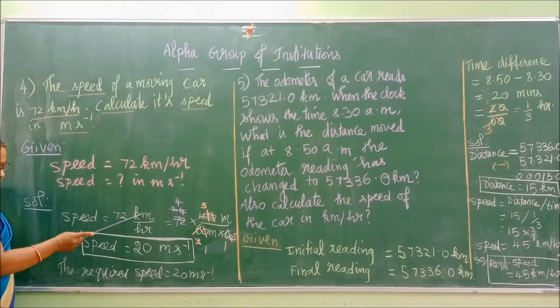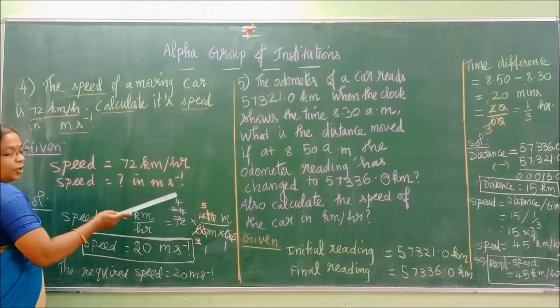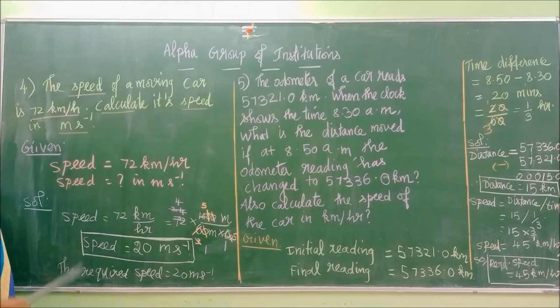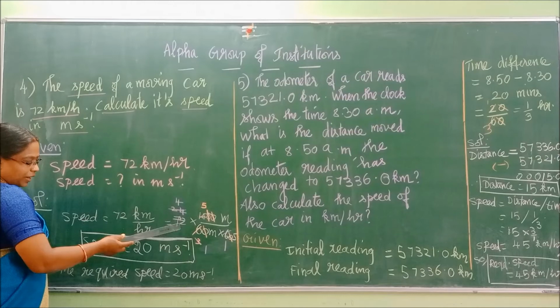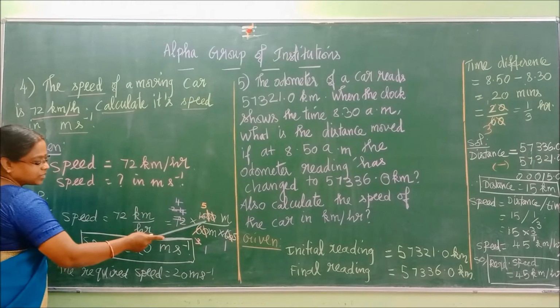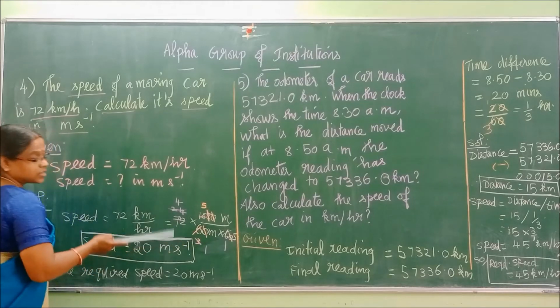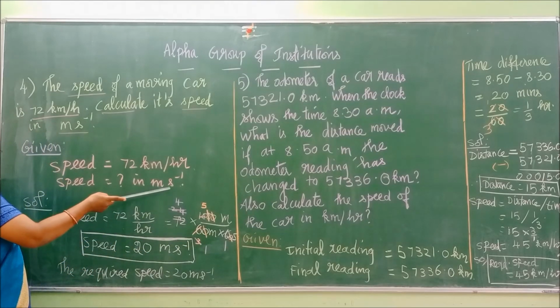So 72 kilometer per hour. This we have to convert into meter per second. In 1 kilometer, how many meters are there? 1000. So 72 as it is you write here. 1 kilometer makes 1000 meter. 1 hour makes how many seconds? Because they have asked meter per second.